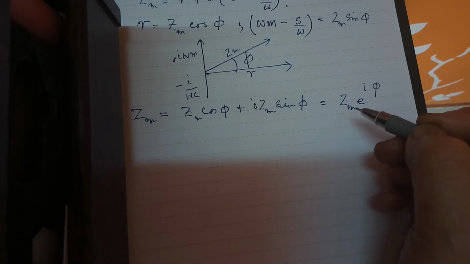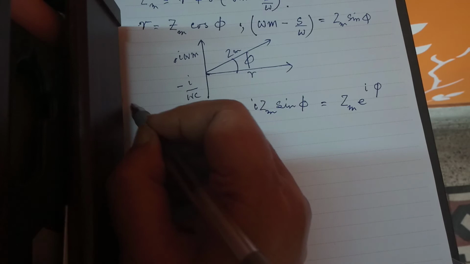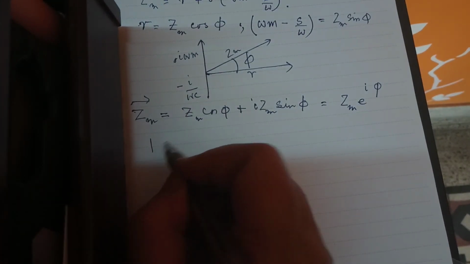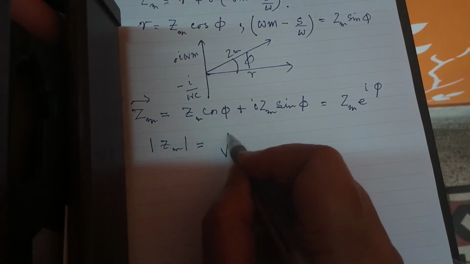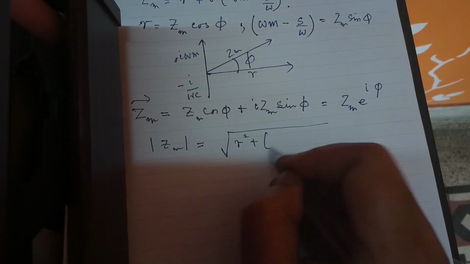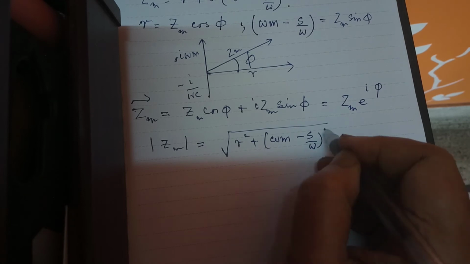And so much for your vector Zm. This is your vector Zm. And if you take the mod, what you get over here is square root of r square plus omega m minus s by omega whole square.